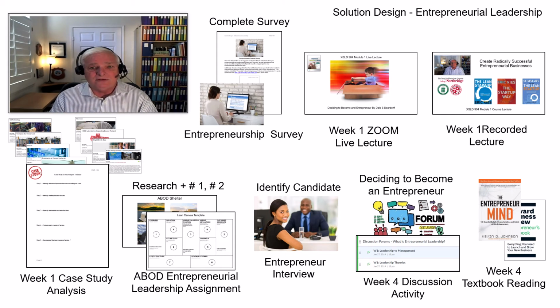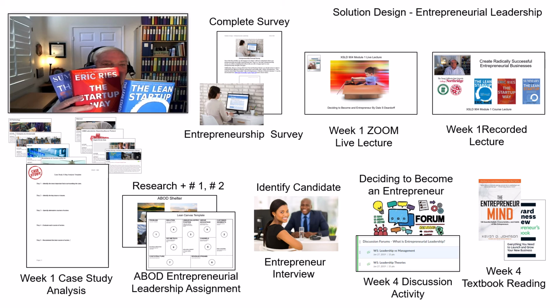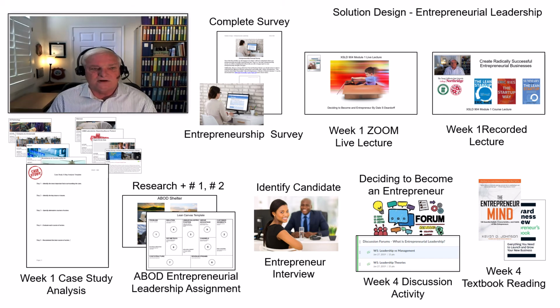Now, in addition to that, this week, in week 1, we've got a recorded lecture for you, and that recorded lecture is based upon 1 author but 3 books. There's a gentleman that we've identified for you that I've gone ahead and pulled the information out of these books.